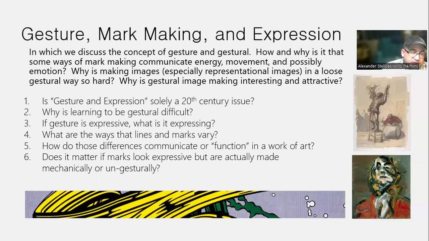Then starting with four, five, and six, I'm talking about the more nitty-gritty details: what is a line, how lines vary, and what's the difference between a line and a mark. But in the middle, there are also a couple of digressions with caveats that I think are important, some assumptions that need to be reconsidered along the way.